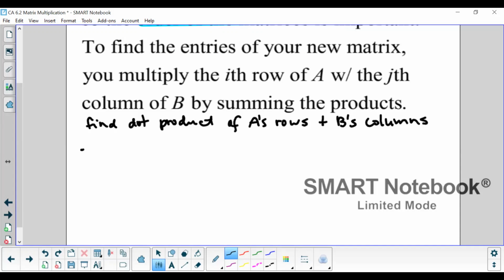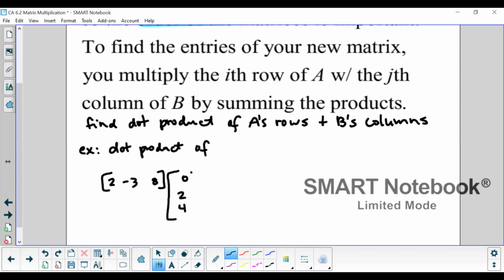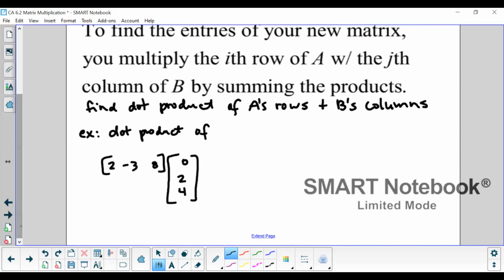So here's an example. To find the dot product, here's a row times a column. And this is a very basic example, right? So here's my A and my B. And A is 1 by 3.